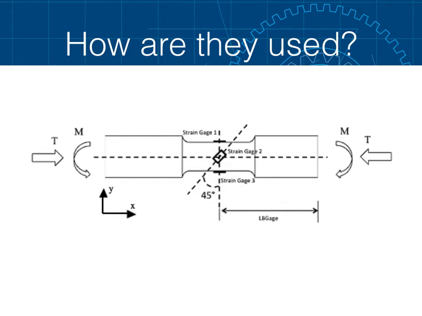As we see here, the strain gauge 2 is oriented 45 degrees to the strain gauge 1, which is parallel to the y-axis. The strain gauge 1 and strain gauge 3 are parallel to the x-axis, and the strain gauge 2 is oriented 45 degrees to that x-axis.